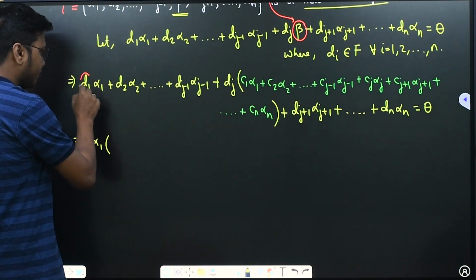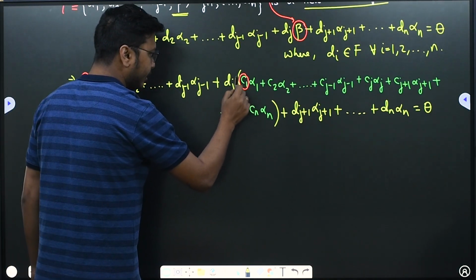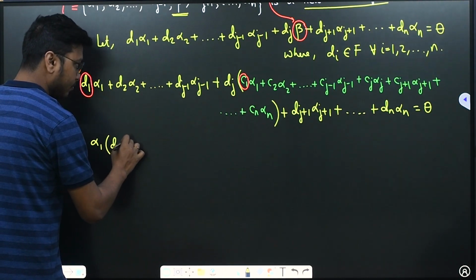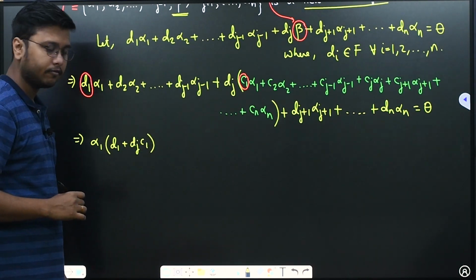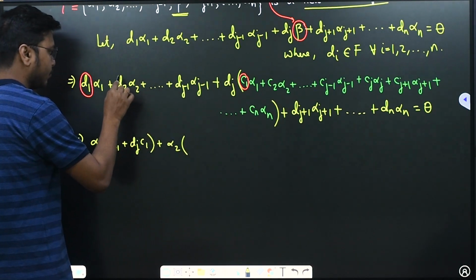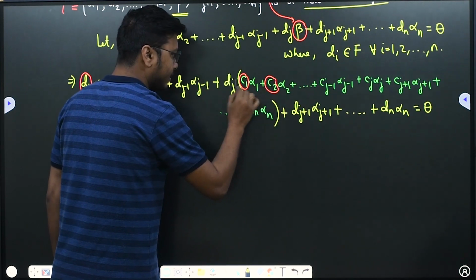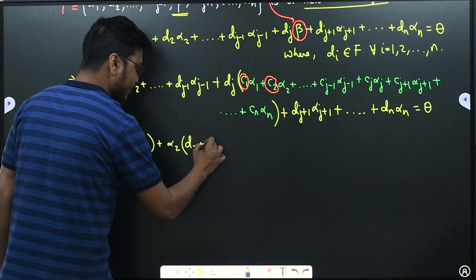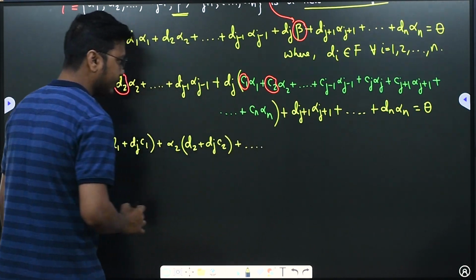As you can see, the coefficients of alpha are d1 and over here dj into c1. So d1 plus dj c1, that's the coefficient of alpha 1. Coming to alpha 2, the coefficient of alpha 2 is d2, and out here I'll be getting dj c2. So d2 plus dj c2 plus, like this it will continue.